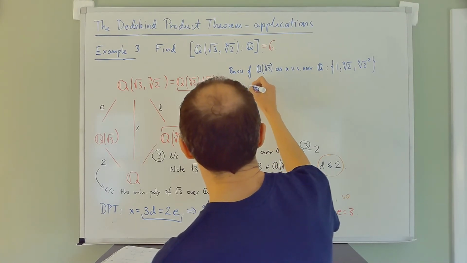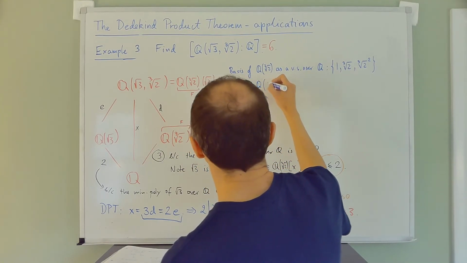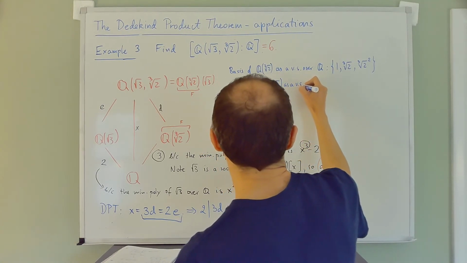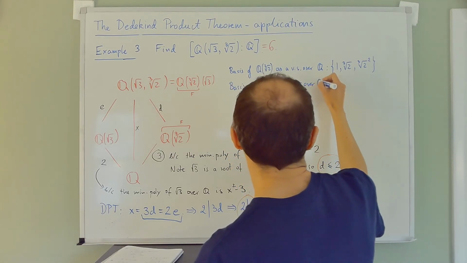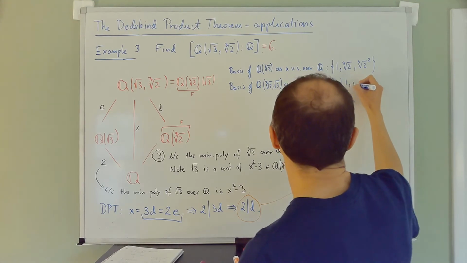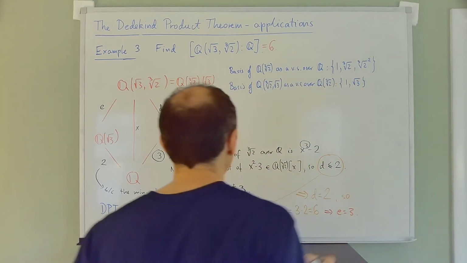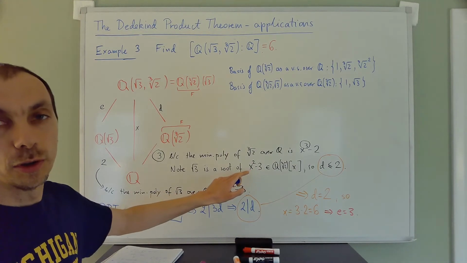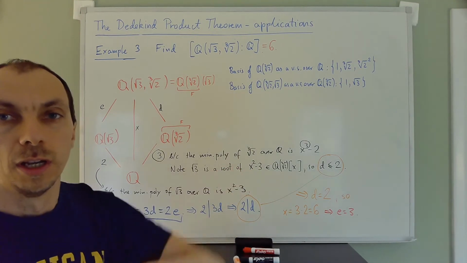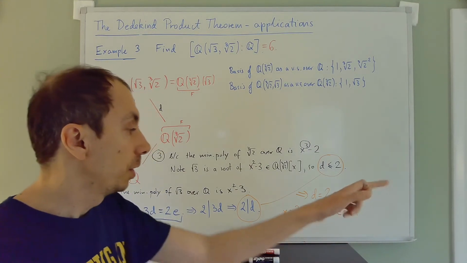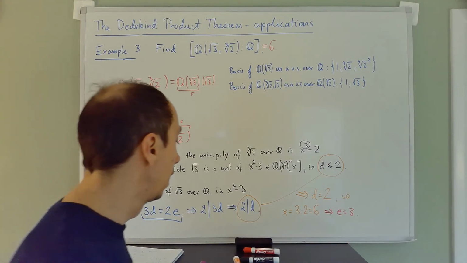Then the basis of Q adjoin cube root of 2 and radical 3 as a vector space over Q adjoin cube root of 2, well, that's going to be 1, radical 3, and I stop here, right? Because this polynomial must therefore also be the minimal polynomial of radical 3 over Q adjoin cube root of 2, because I found that the degree is 2.